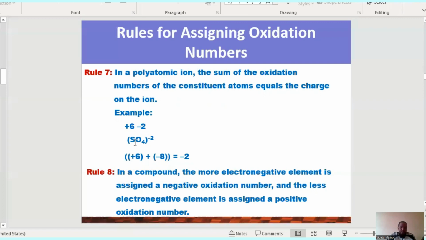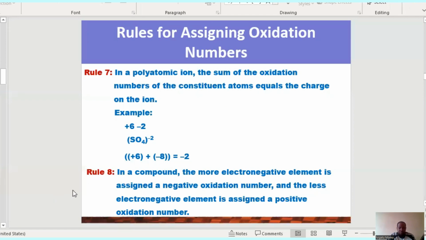The oxidation state of sulfur is positive 6 and oxygen is negative 2. 1 times positive 6 is 6, 4 times negative 2 is minus 8. Positive 6 plus negative 8 equals minus 2. This implies the sum of the oxidation states of each atom in a polyatomic ion equals the charge on it.